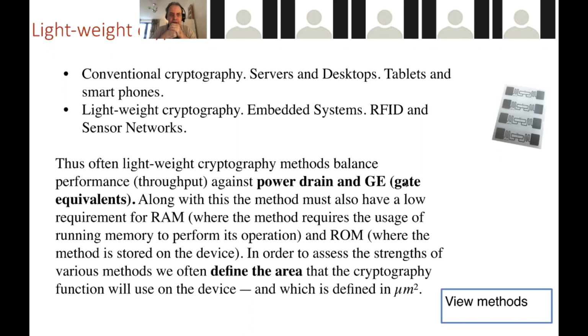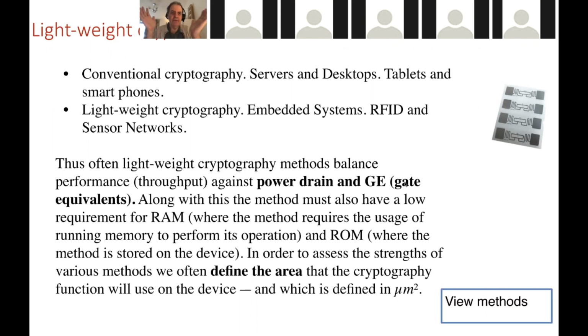Along with this, we need some memory. So when we load up our crypto, it has a footprint both in the ROM or the flash area of the program, and it also has a footprint when it's running in memory. If we need great big buffers for memory and cache areas and things like that, then probably it's not going to be efficient.